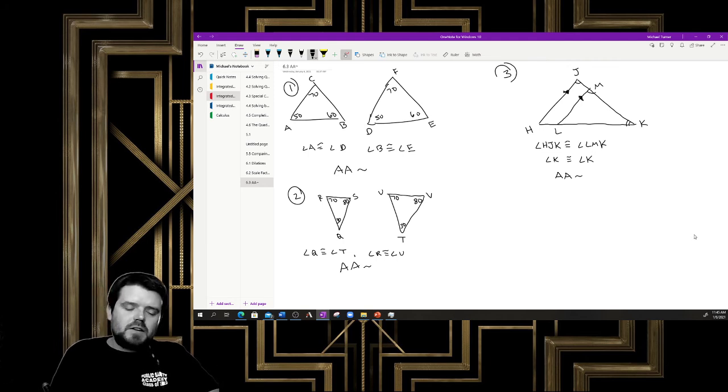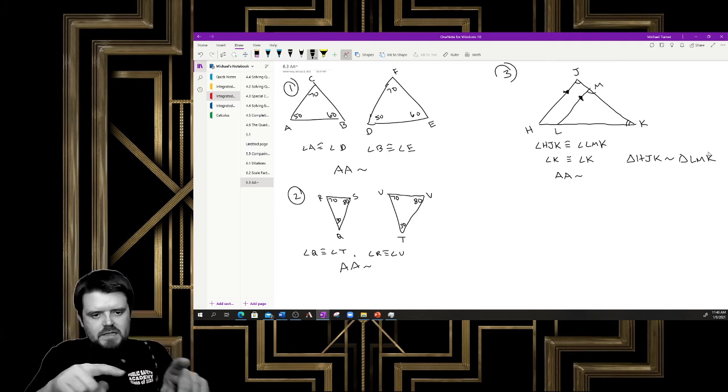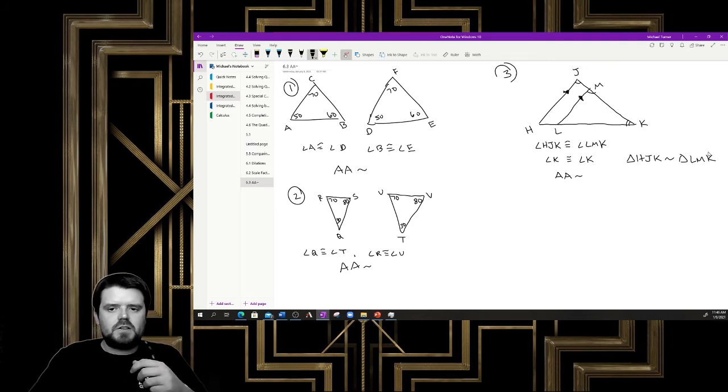On a test, if you're asked to show a congruency statement or a similarity statement, you would say triangle, matching up the vertices, HJK is similar to triangle LMK. So you're following the vertices in the same pattern when you write your similarity statement.